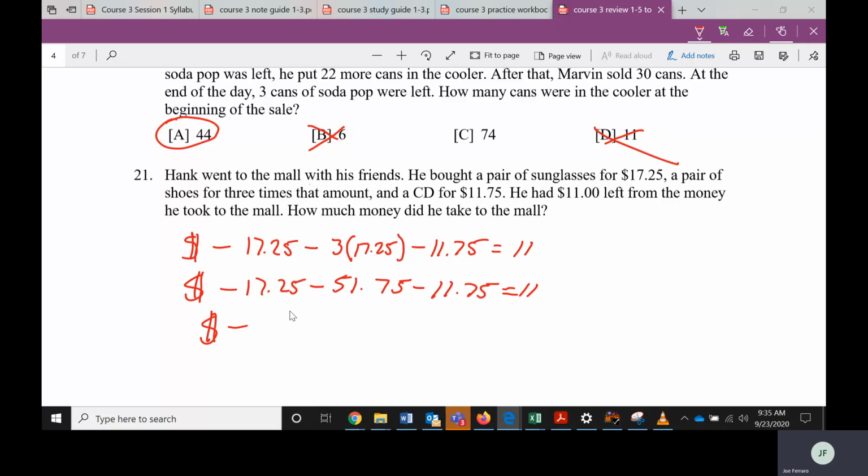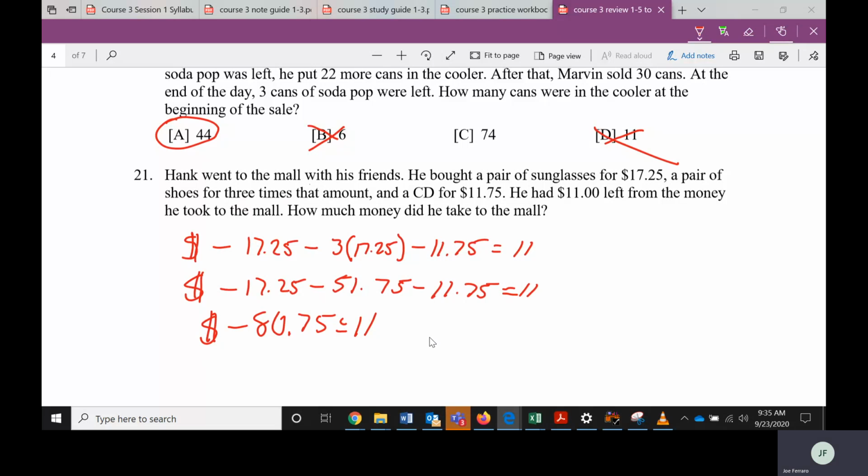So if we have $17.25 and $51.75 and $11.75, that equals $80.75.